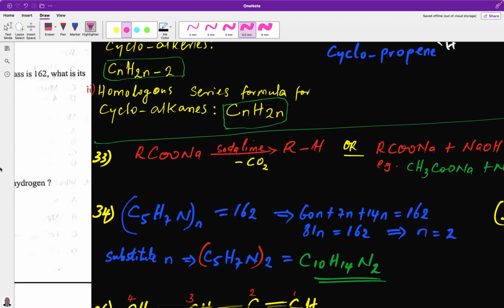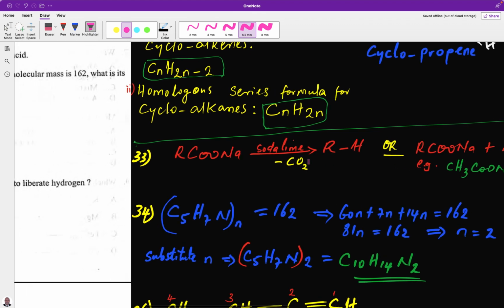The sodium salt of alkanoic acid with soda lime will give an alkane.